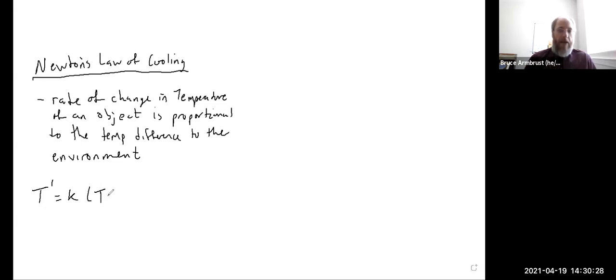So I'm going to write here T minus T sub E. The T sub E, that is our environment's temperature. So I'm setting it up exactly the same way, right? Rate of change, T prime, is proportional to K times the temperature difference to the environment, T minus T_E.